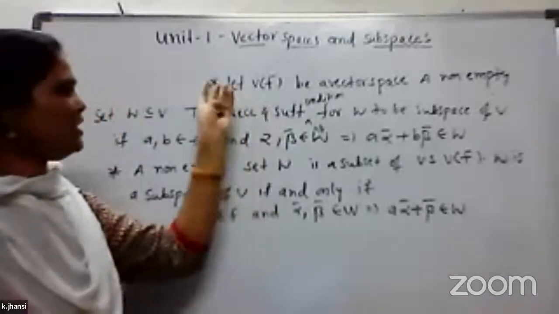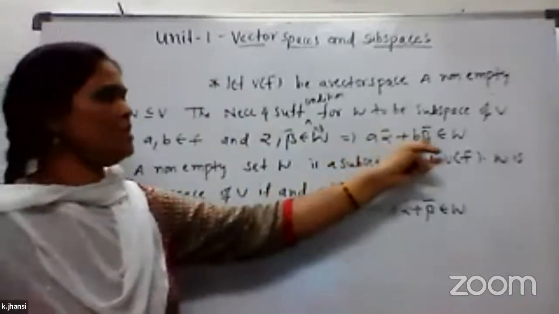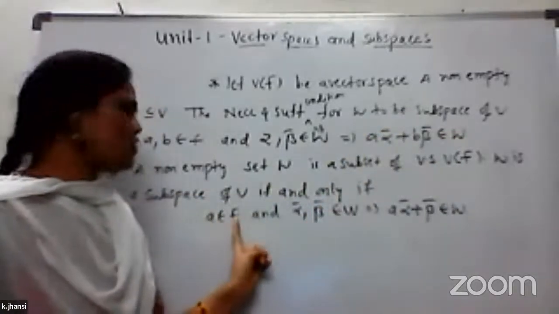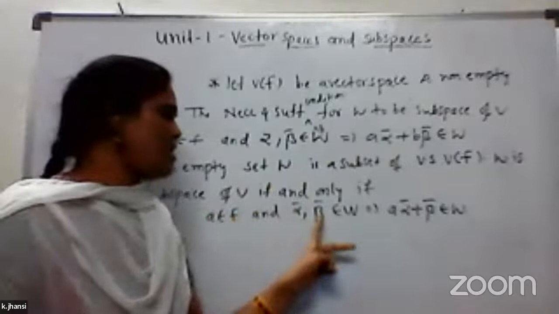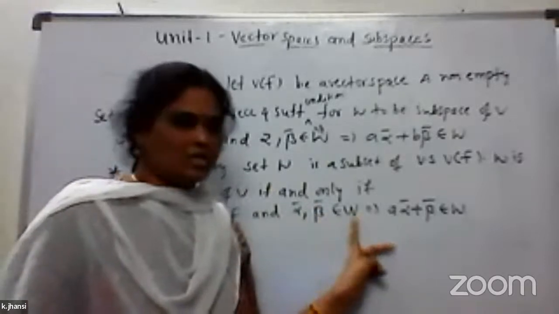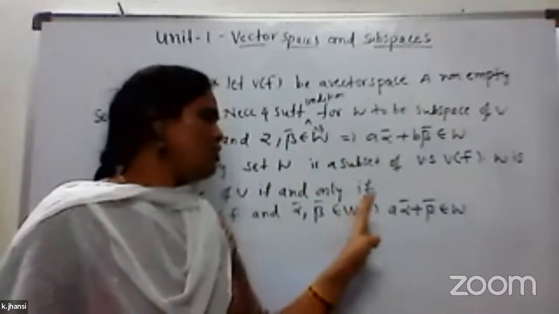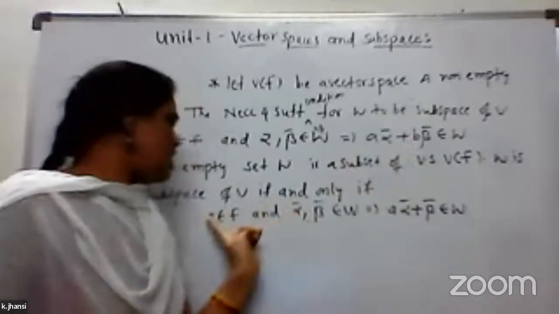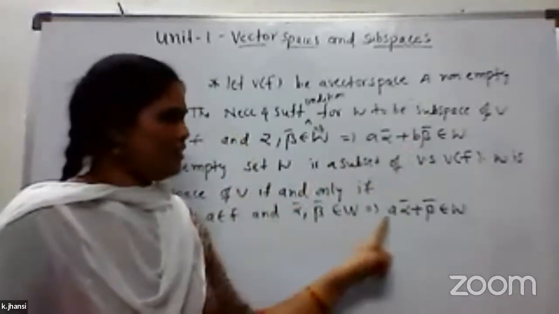Even you can take the second condition, a alpha bar plus b beta bar belongs to W, or the third condition: if a belongs to the field of scalars and alpha bar and beta bar belong to subset W, then the combination of these two, here instead of b you have only one scalar, that is a.